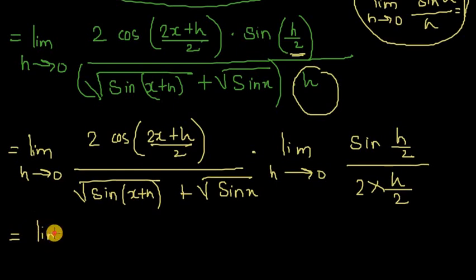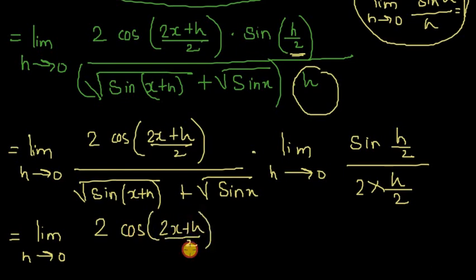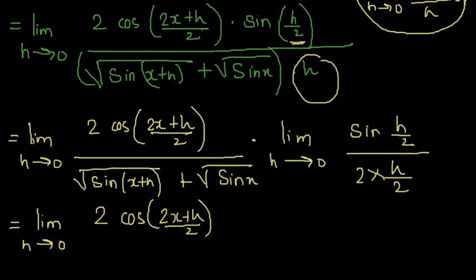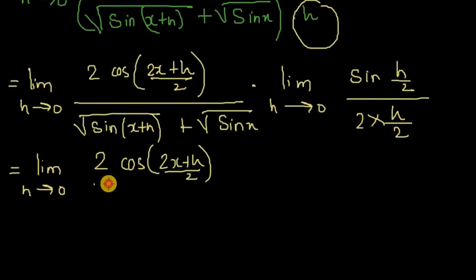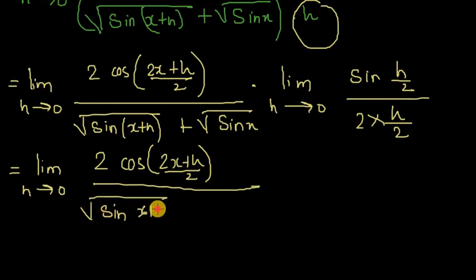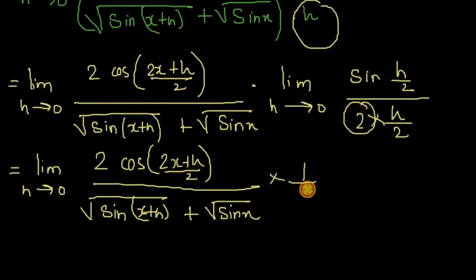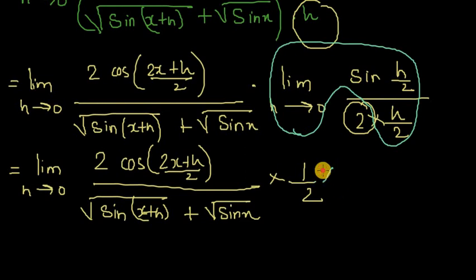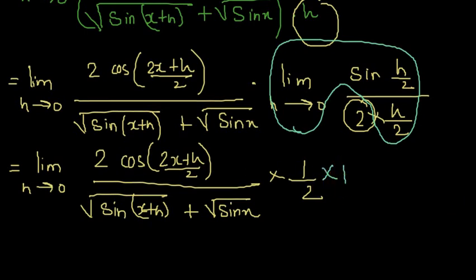So what will we get? Limit h tending to 0 2 cos 2x plus h by 2 whole thing divided by root sin of x plus h plus root sin x. Take it aside, 1 upon 2, and this limit, which limit? This limit is 1.